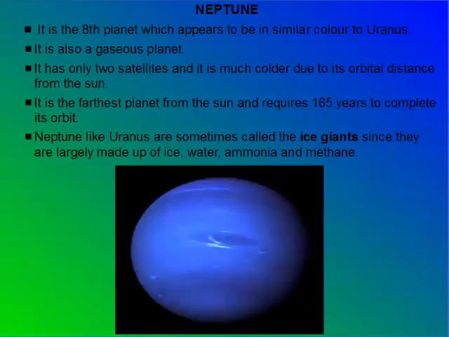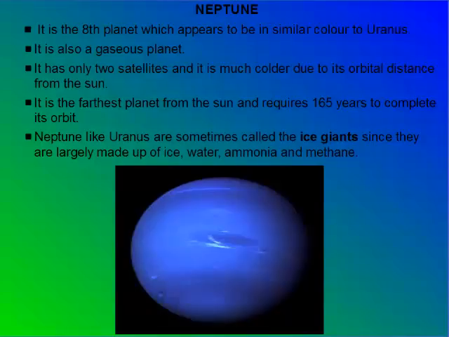The last planet, which is Neptune, is the 8th planet, which appears to be in similar color to Uranus. It is also a gaseous planet. It has only 2 satellites, and it is much colder due to its orbital distance from the sun.